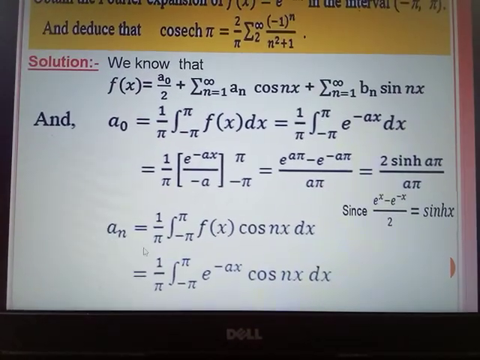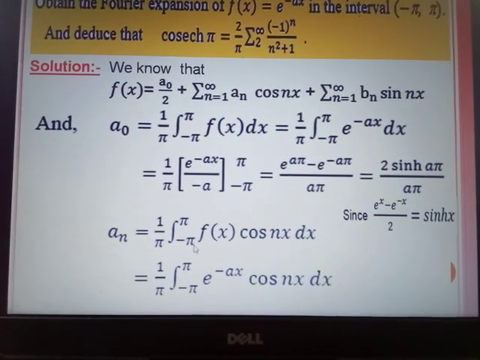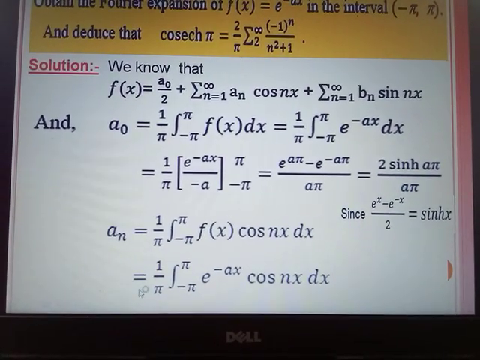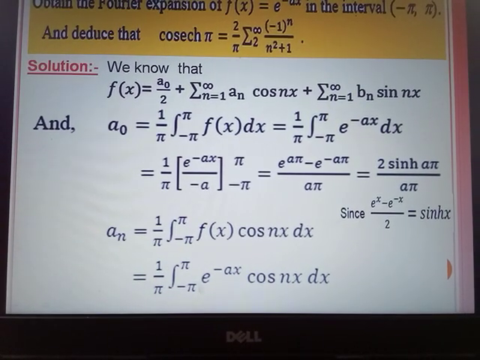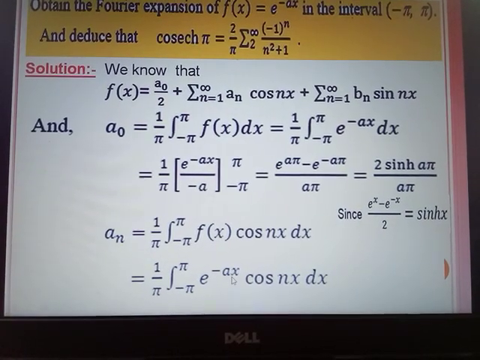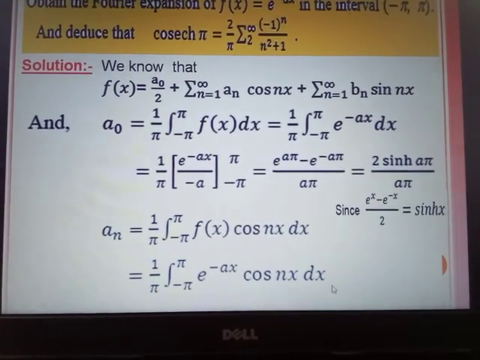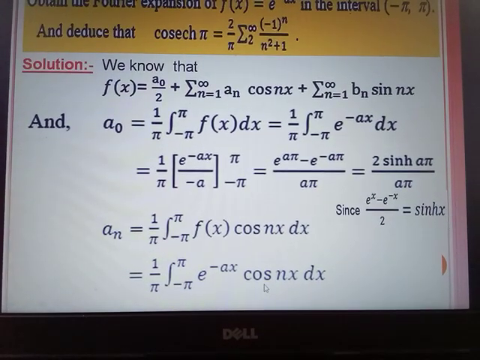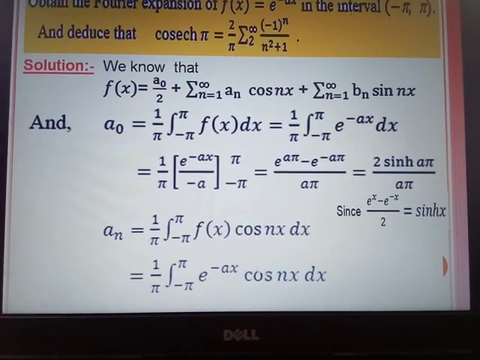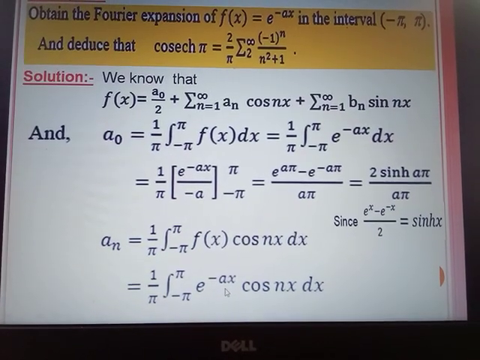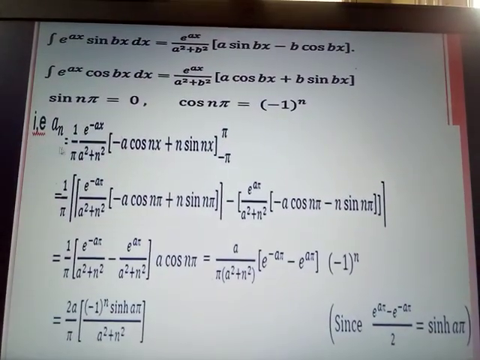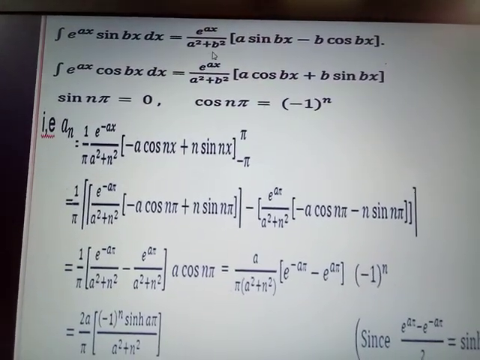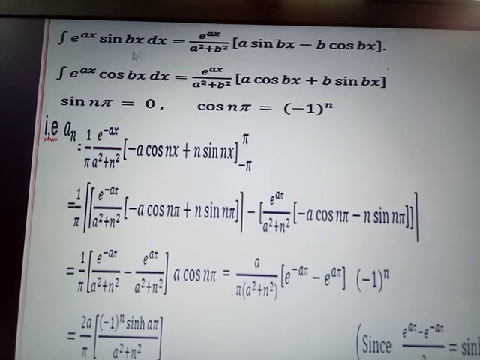Next, an is equal to 1/π integration from -π to π of f(x) cos nx dx, which is equal to 1/π integration from -π to π of e^(-ax) cos nx dx. Again we have to use one result to solve this integration. As I have already given this important result, we have to use these results here.